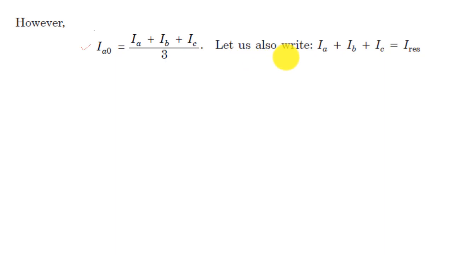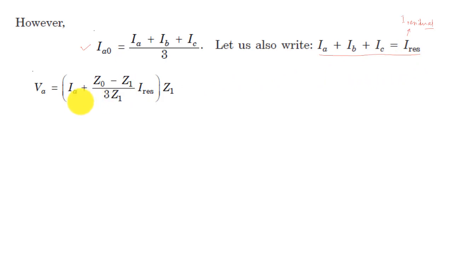Let us write IA plus IB plus IC equal to I residual, in short form I res. Then I can write VA equal to IA plus Z0 minus Z1 by 3 Z1 into I res, the whole into Z1.